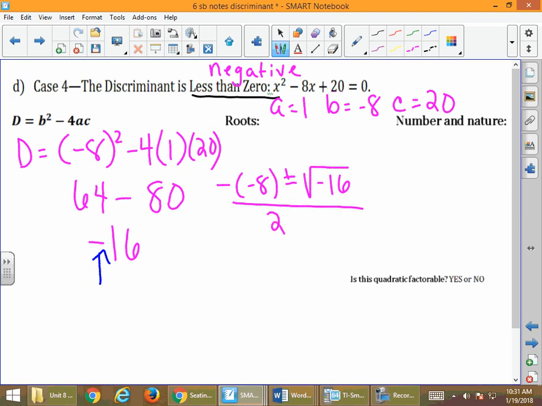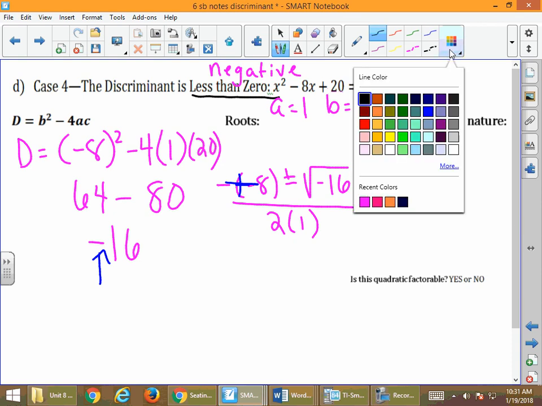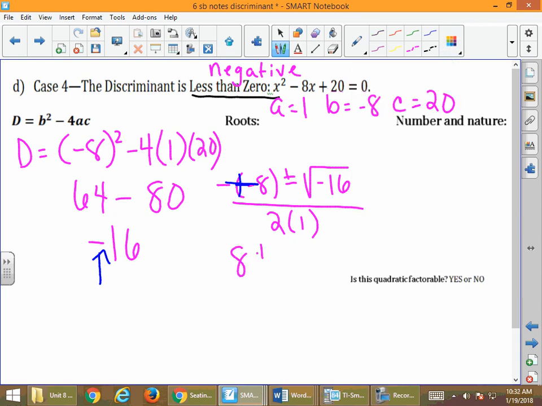Divided by 2 times A. Well, negative and negative gives us positive 8. Plus or minus, well, what's the square root of negative 1? And can we take the square root of 16? So we're going to get plus or minus 4i divided by 2.